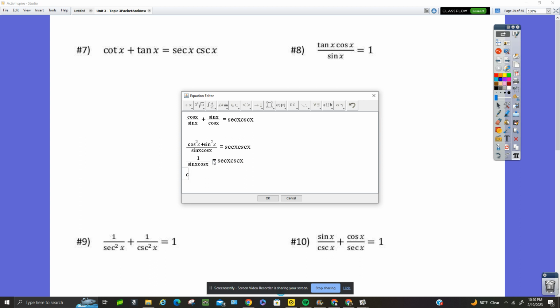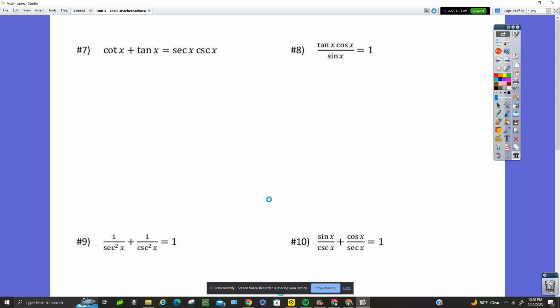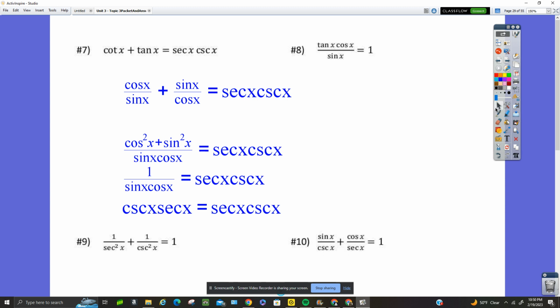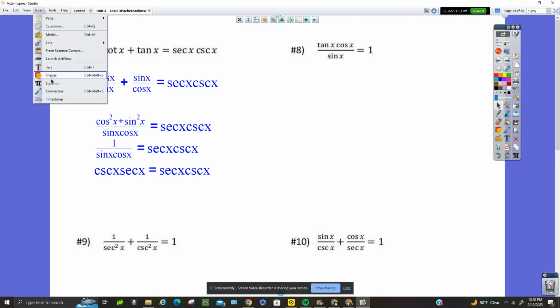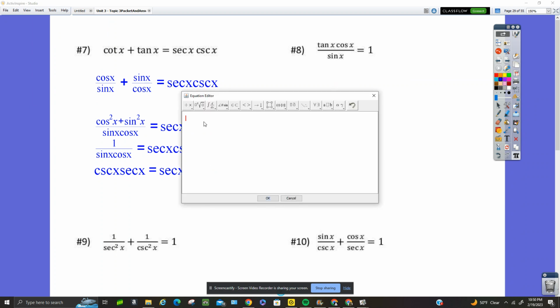And then number 8. Working on the left side again. That's a more complicated side.